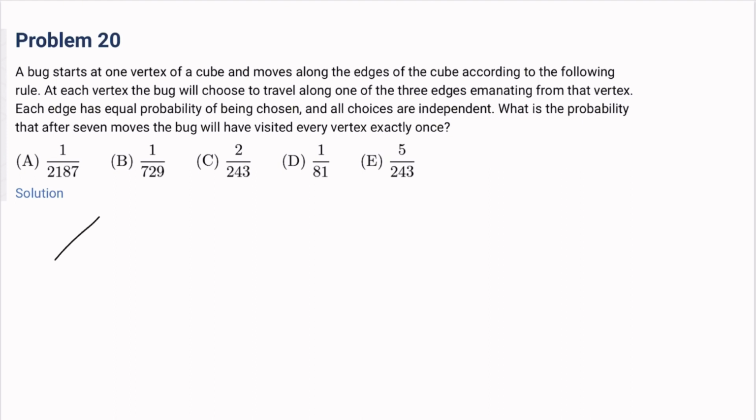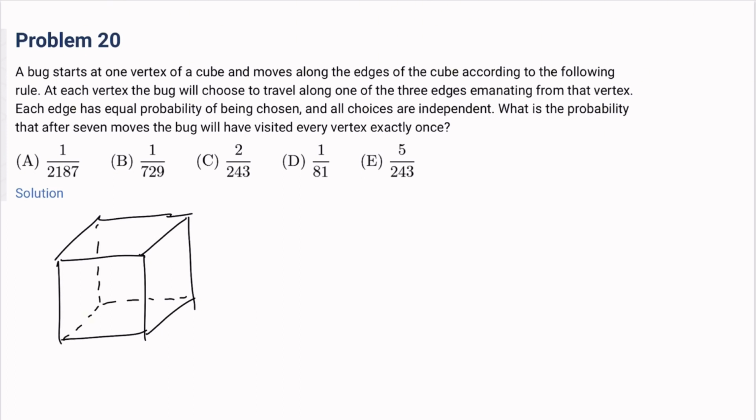Okay, so let's draw a cube right here, like that, and then we will have dotted lines like that. This is going to be the back, right? So let's say that the bug starts at this end of the cube because it doesn't really matter where we start. Let's just get our total number of choices.